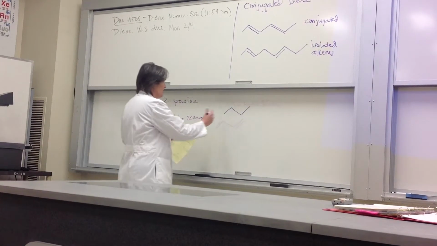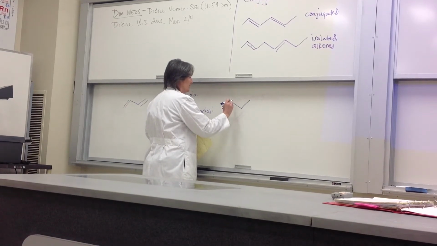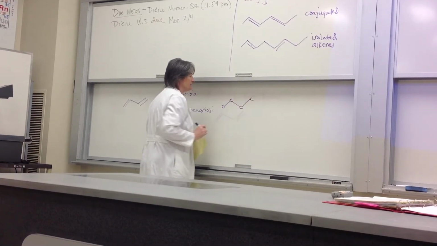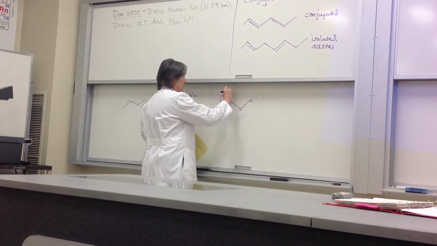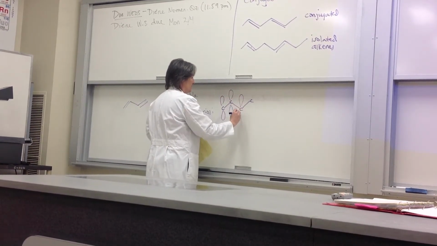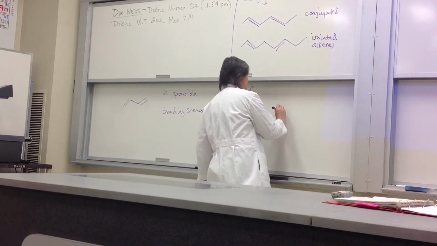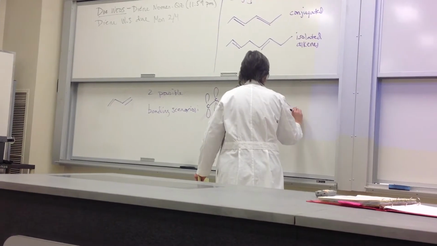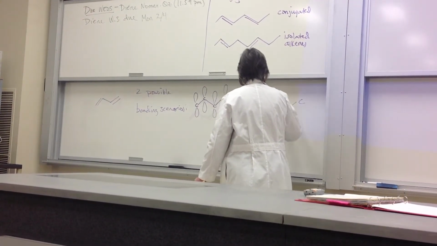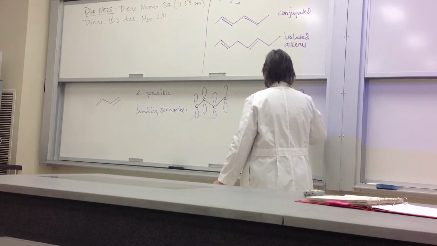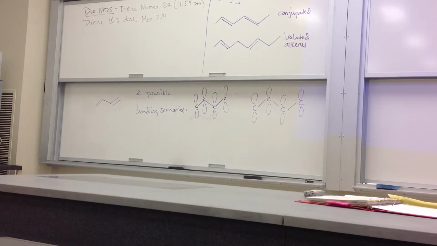So what you're going to do, and draw it just like I'm doing, I'm going to put carbon, carbon, carbon, carbon. Then I'm going to put the orbitals. So there's our skeletons of the p orbitals.